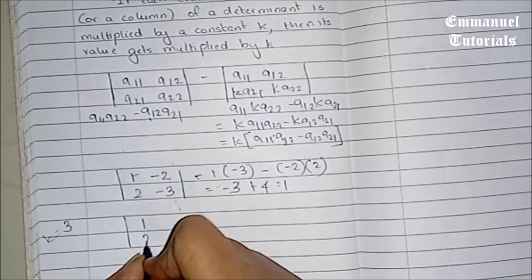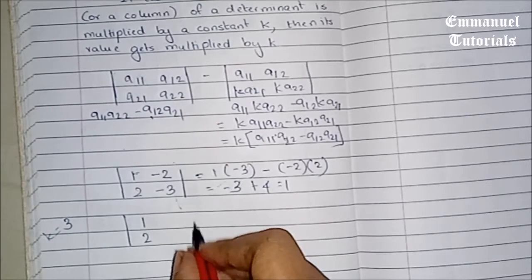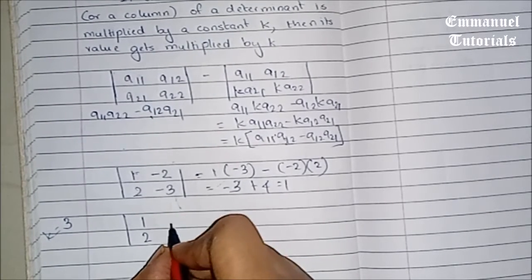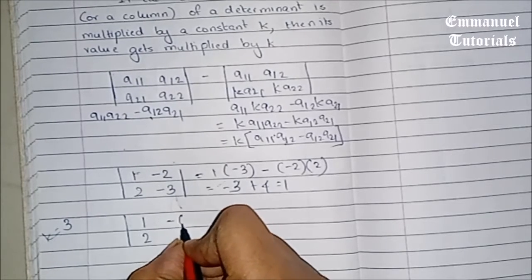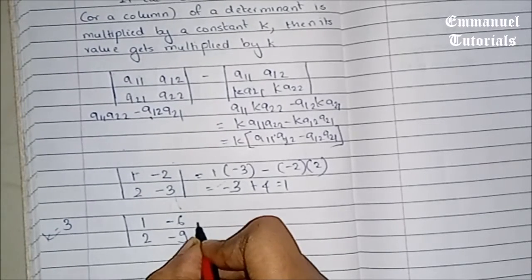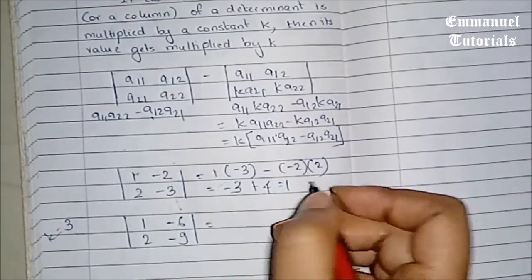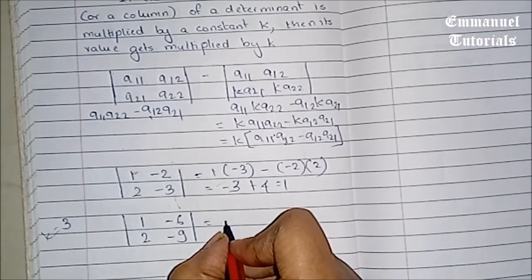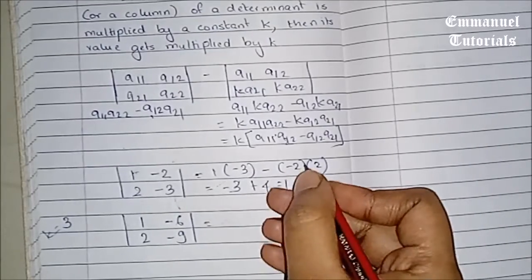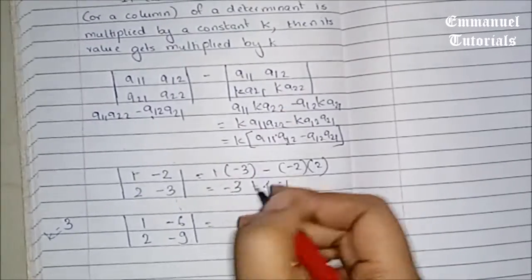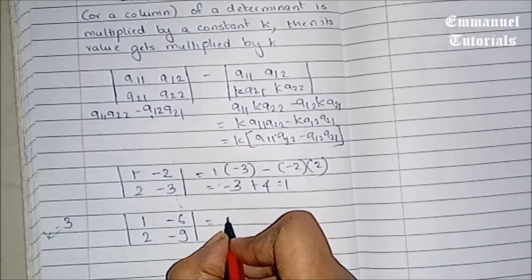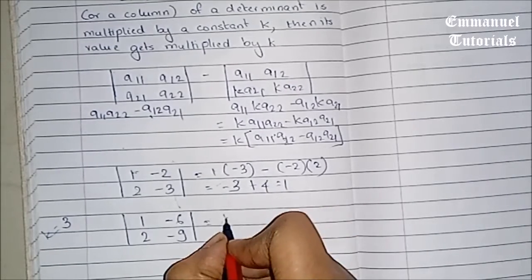So if you multiply the whole column, both the elements by 3, what is it going to be? 1, minus 6, 2, minus 9. Now we try to find out the determinant value. What is it going to be? It should be 3 according to the property. Let's try to prove it, because it should be 3 into 1.